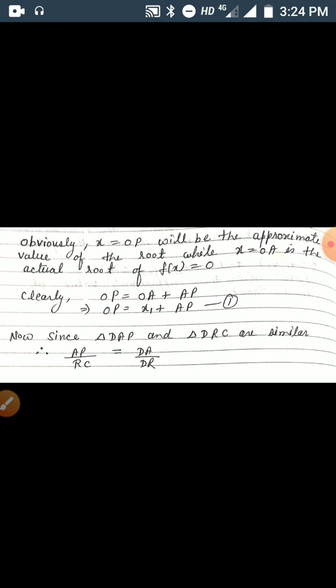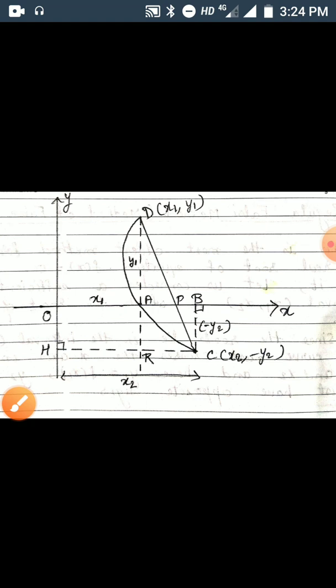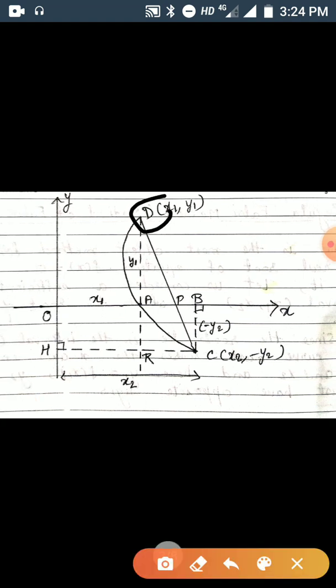Now since triangle DAP and triangle DRC are similar, let us check. Triangle DAP means this triangle, and DRC. Joining these three points, we get a triangle DRC. Clearly, these two are similar triangles.